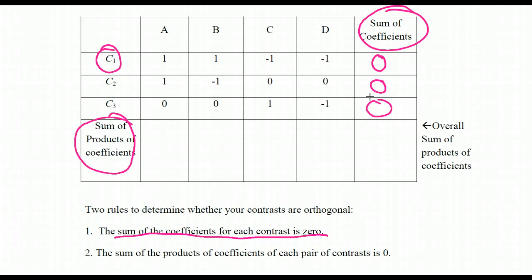So you have to do the products of each combination of contrasts. So 1 times 1 is 1. 1 times 0 is 0. 1 times 0 is 0. Okay, so really you only have a value of 1 when you add those all up. So 1 times negative 1 is negative 1.